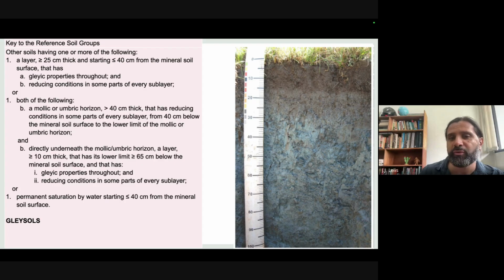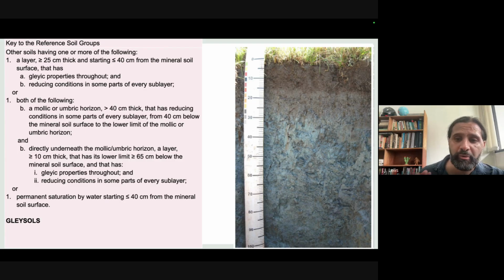So they are not fulfilling the criteria for these previous, and they register one or more of the following. Number one, they register a layer that has a minimum of 25 centimeters of thickness, and this horizon starts in the first 40 centimeters below the soil surface and has gleyic properties.